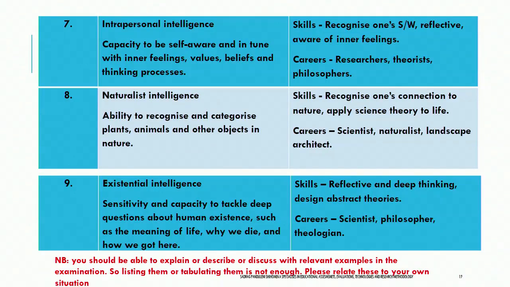7, intrapersonal intelligence, which refers to the capacity of an individual to be self-aware and in tune with inner feelings, values, beliefs, and thinking processes. People with this type of intelligence, you will find them in careers such as researchers at any institution. They are the ones developing theories or coming up with models that we are using, like Gardner, the one who came up with this theory.